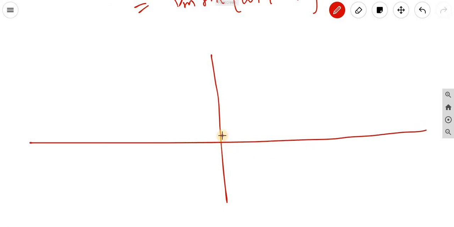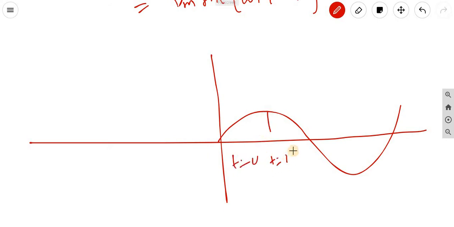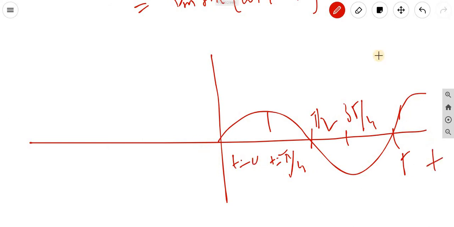In this way you will get the waveform at t equal to 0, T by 4, T by 2, 3T by 4 and T. Clear?